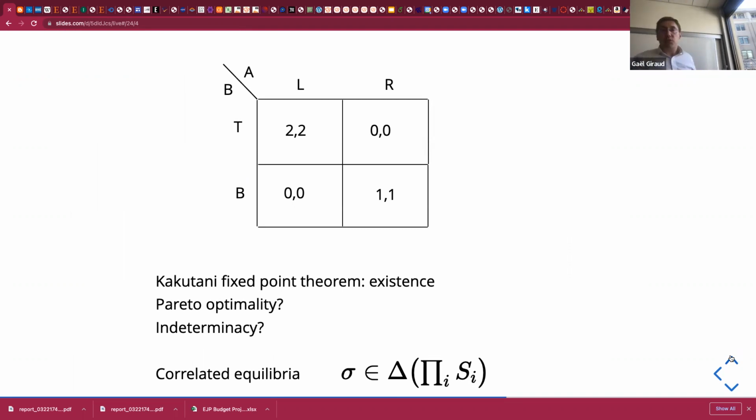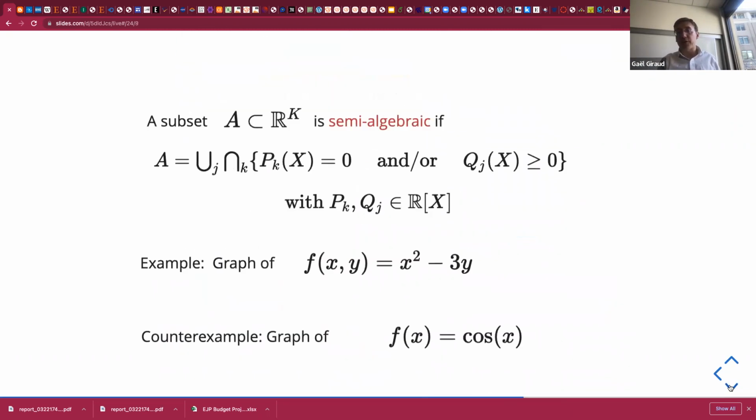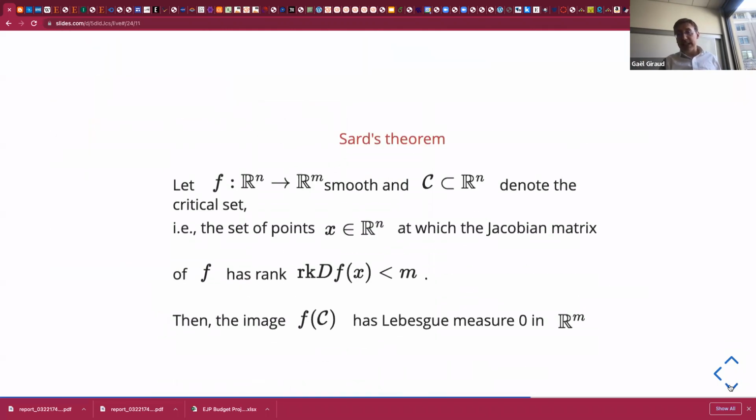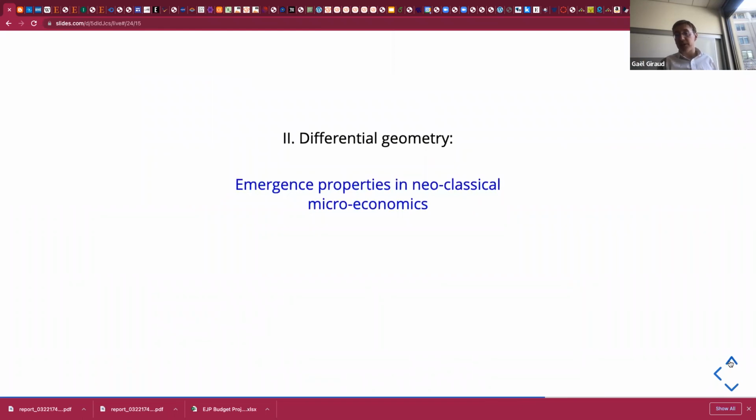Of course, it may be much more complicated than that, but nevertheless, you can do some geometry because you have a finite number of connected components. Each of them is a smooth manifold, and you are on known land to do some nice geometry. We could go further into what people did using algebraic geometry in game theory, but it would become very complicated.